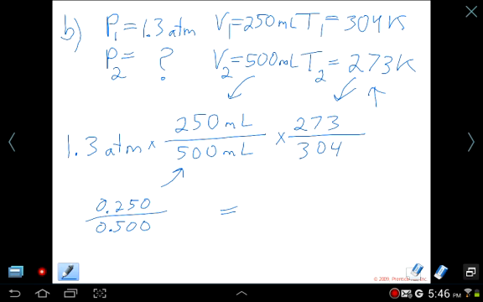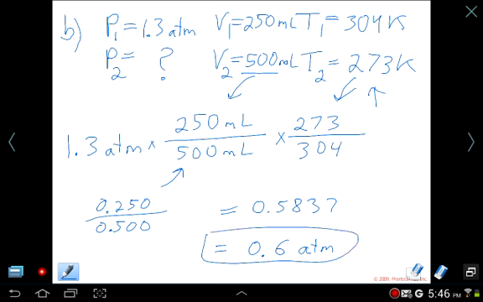So we should get ourselves 0.58337, and really we're dealing with roughly 2 sig figs. Actually, we're dealing with 1 sig fig because of this 500. So really all we can say is that we have ourselves 0.6 atm for our answer, following significant figure rules. And this will conclude lesson 3 of chapter 10, a short lesson.